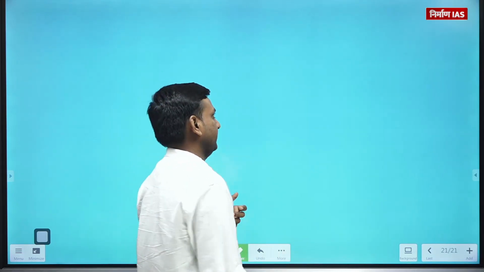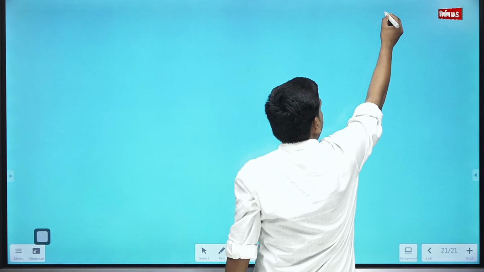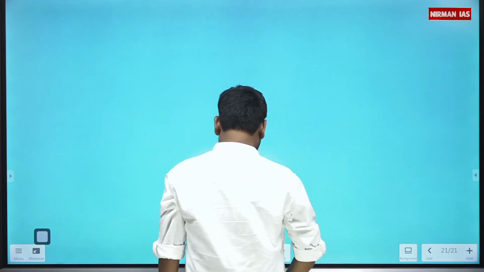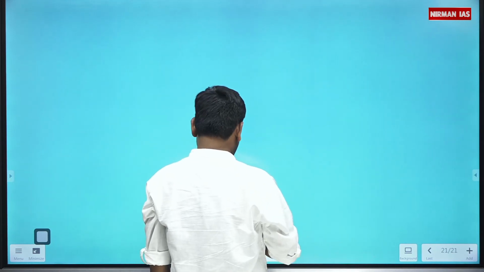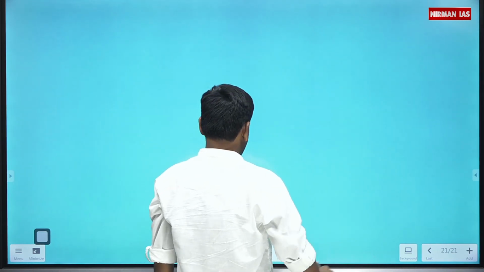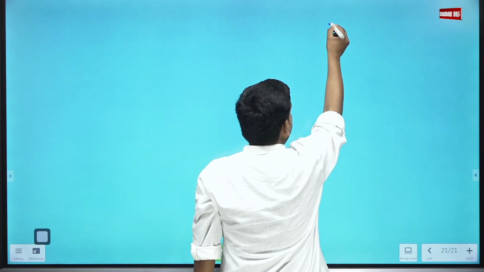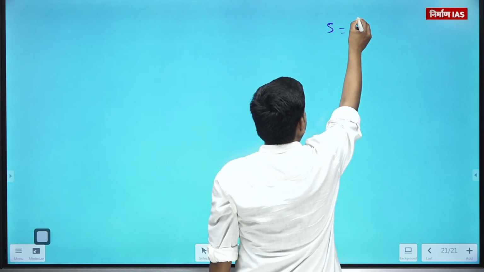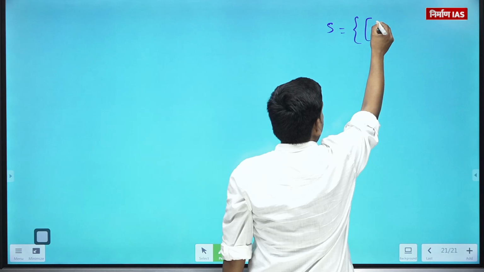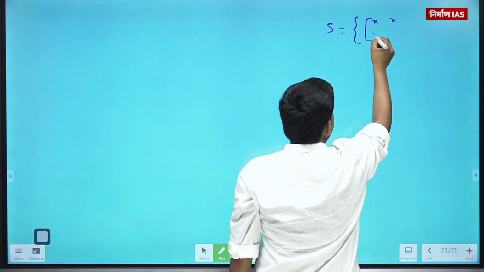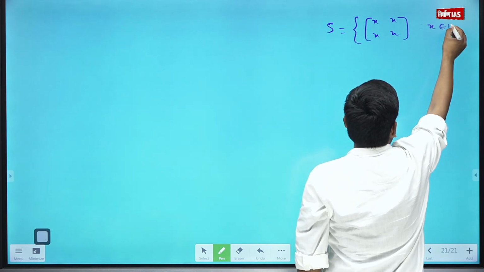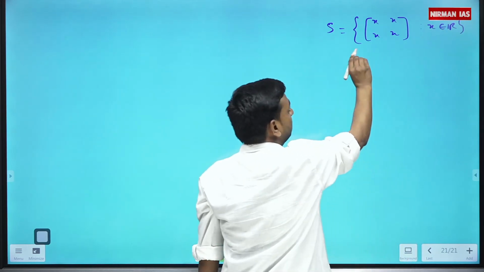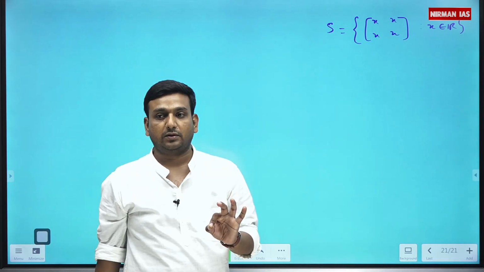Although I have a question for you guys. In the meanwhile, you will think about it. I'm giving you a set which is a collection of 2 by 2 matrices, say x belongs to the real numbers.